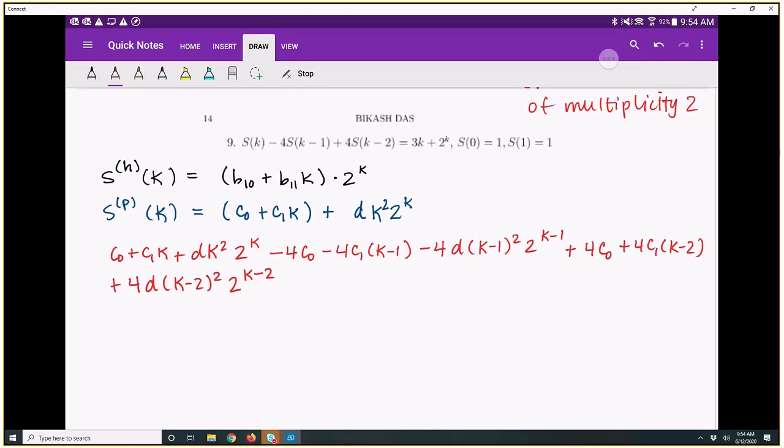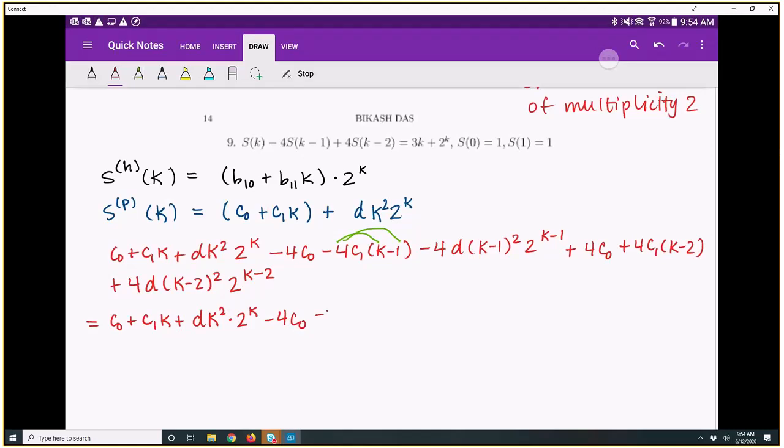And I'm definitely going to get some cancellation, but let me do a little bit more of the distribution before we start trying to cancel things. So I'll have c0 plus c1k plus dk squared times 2 to the power k. Minus 4c0. Then here, I'll distribute minus 4 times c1 times k and minus 4c1 times minus 1.